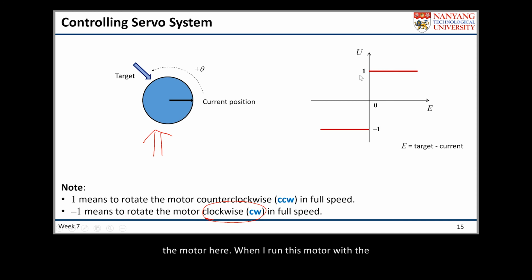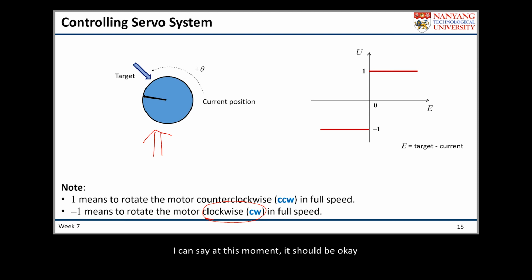Because the controller asks the motor to rotate at full speed, when the controller sees that the target is far in the counterclockwise direction of the current position, it will ask the motor to run counterclockwise at full speed. What will happen? Because it is running at full speed, it will miss the target.